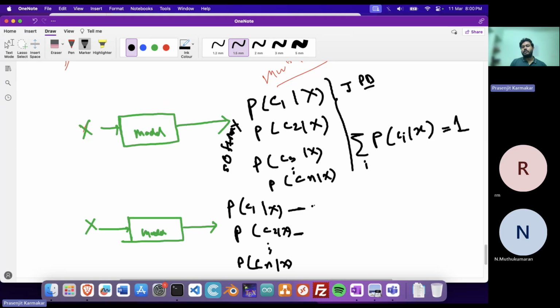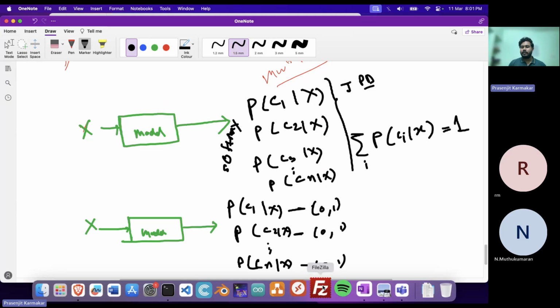So this would range from 0 to 1, this would also range from 0 to 1, and this would also range from 0 to 1. So the probabilities are independent of each other.